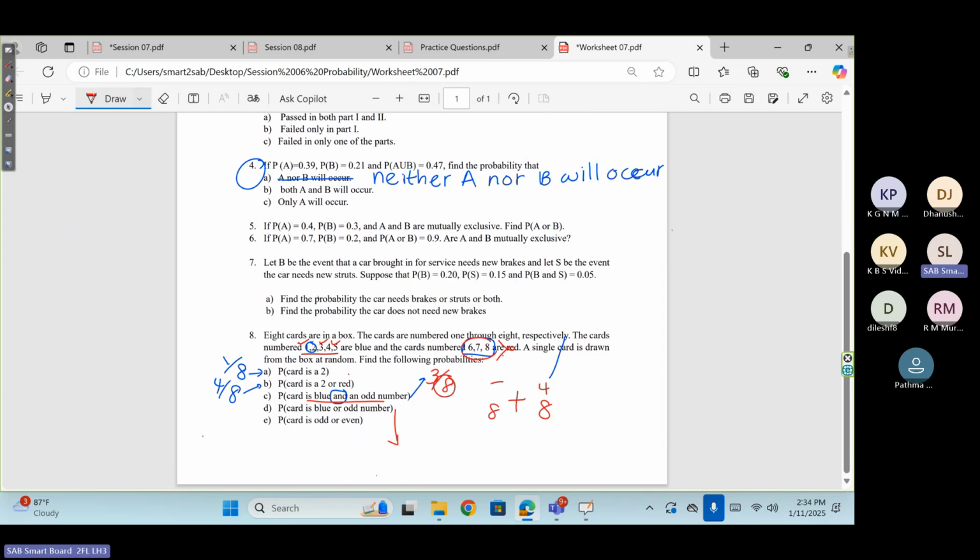First identify how many blue cards are there. How many? 5. Okay. 5 blue cards are there. Here, how many odd numbers? 1, 3, 5 and 7, 4. Then we need to deduct the intersection. It means blue and odd number. How many? 3. Then what is the union? 6 over 8.